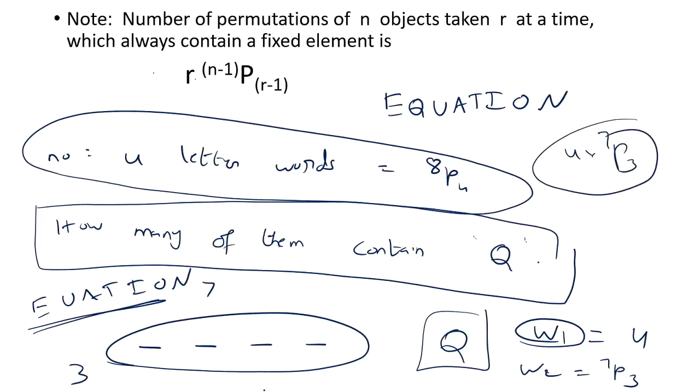Now we can generalize this result. If we generalize this result, then we will have this one: the number of permutations of n distinct objects taken r at a time which always contain a particular element. So let us answer this in a fresh page.